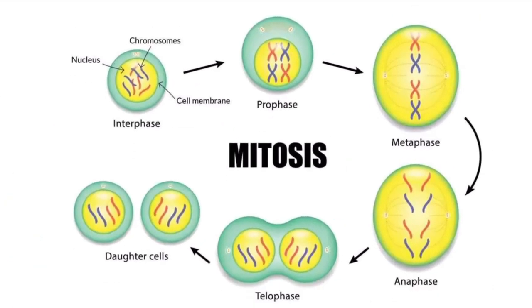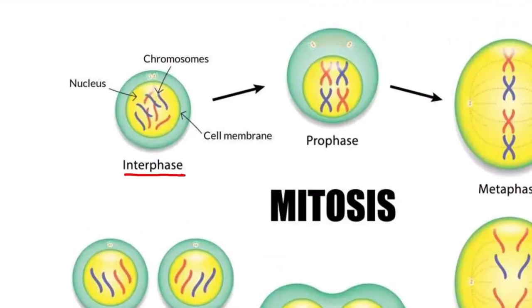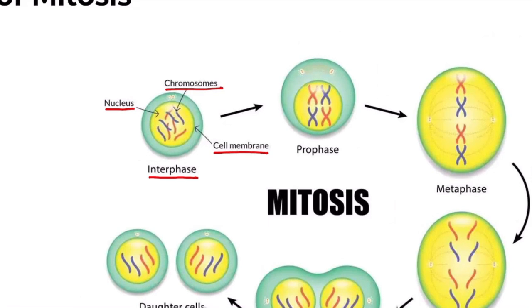So here's a diagram. We're constantly going to be referring to this diagram throughout the lesson, but at the moment we have just looked at interphase. So if we look at interphase, all we need to focus on is that we've highlighted the nucleus, the chromosomes, and the cell membrane. All we need to know is that this cell has replicated its organelles.